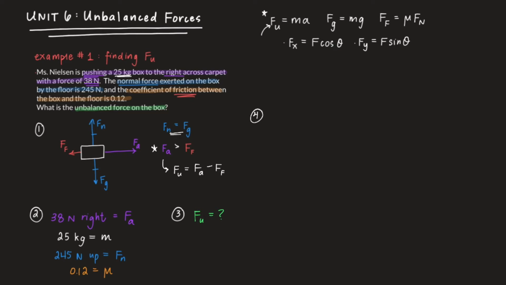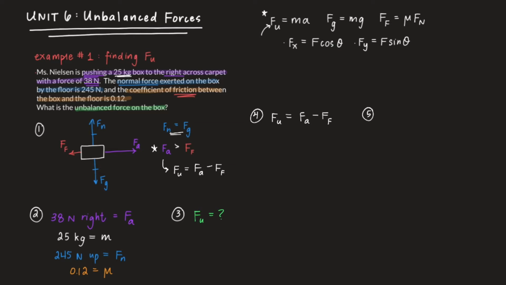Remember, the unbalanced force is in the direction of who is winning, and its size is how much they're winning by. There's no unbalanced force up and down, it's just left and right that we're concerned with. So that's how we're going to find our unbalanced force.